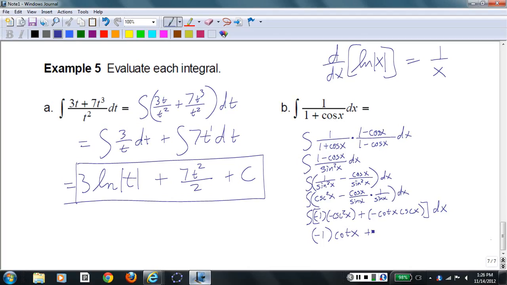What can you take the derivative of to get negative cosecant x cotangent x? I think that is the derivative of cosecant x. So maybe the cleanest, neatest way to write this would be cosecant x minus cotangent x plus c.